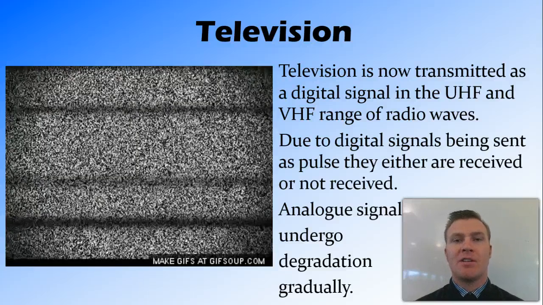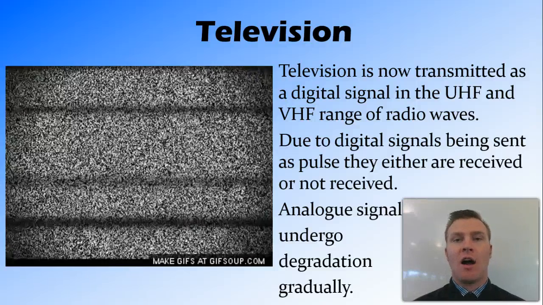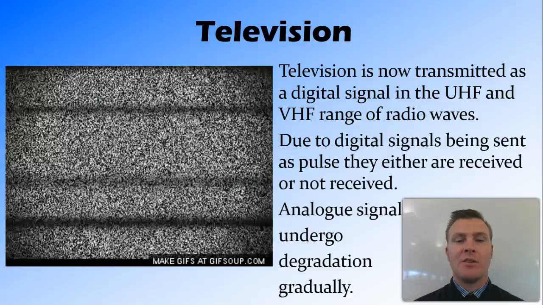Television can be transmitted as either an analog or a digital signal and is transmitted in the ultra high frequency and very high frequency range of radio waves. In Australia at the moment, we only use digital transmission of television.